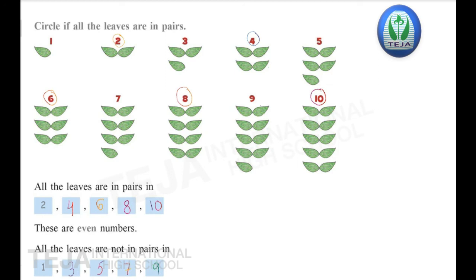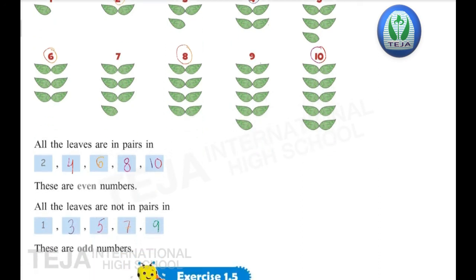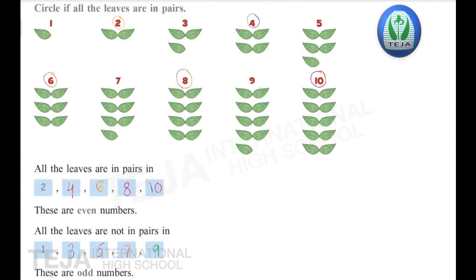Here the numbers which are not having the pair of leaves are 1, 3, 5, 7 and 9. What do we call them, children? We call them as odd numbers. Here the numbers which have paired leaves are called as even numbers, and the numbers which are not paired here are called as odd numbers.